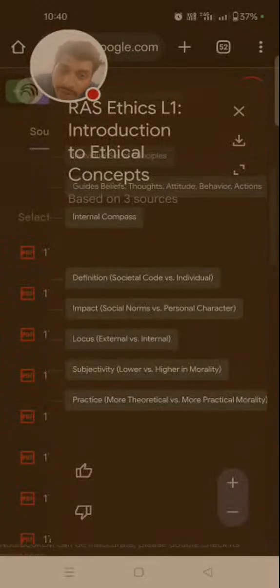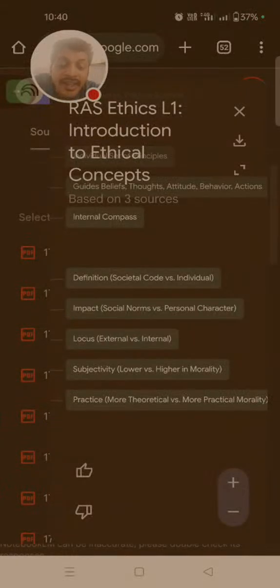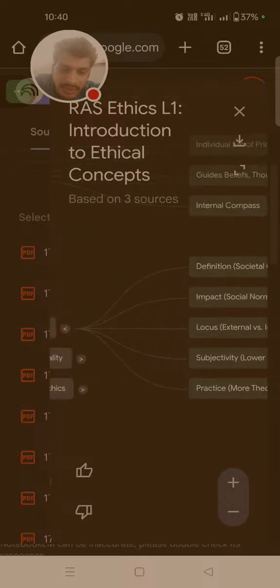Ethics has an external locus, but morality has an internal locus. On subjectivity, ethics has lower subjectivity and morality has higher subjectivity. On practice, ethics is more theoretical, and morality is more practical in nature.